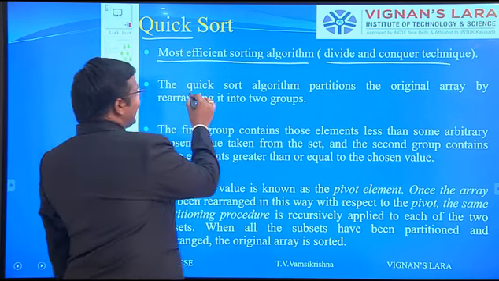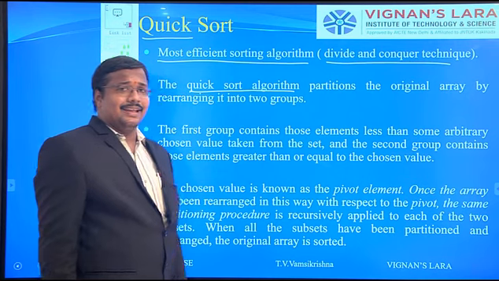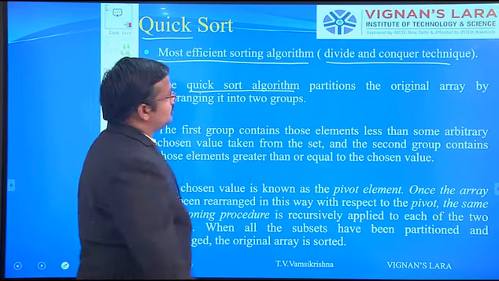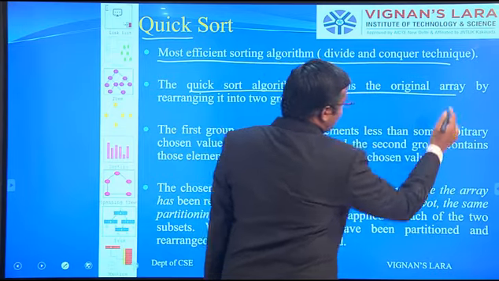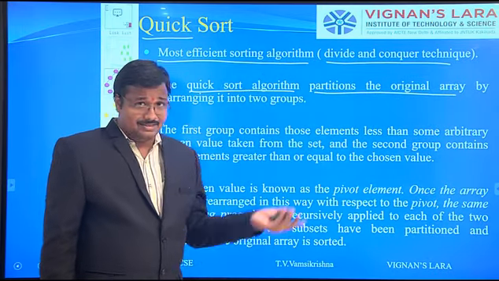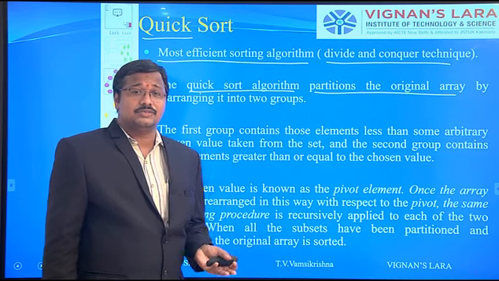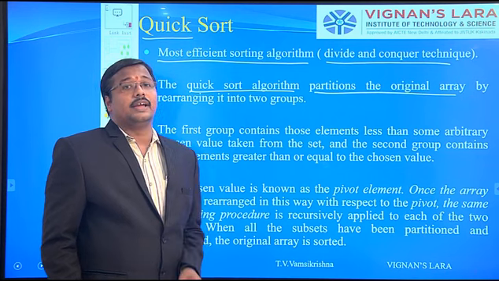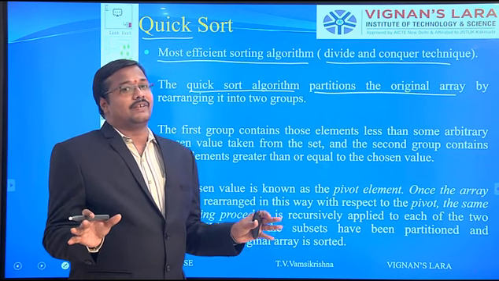In the quicksort algorithm, there are mainly two parts. One is partition, which means partitioning the original array. Divide is the same as in binary search. When we calculate the mid element, based on it we divide the array into two equal halves.